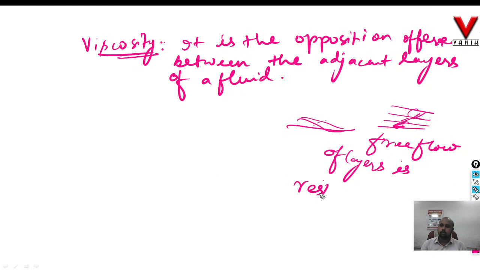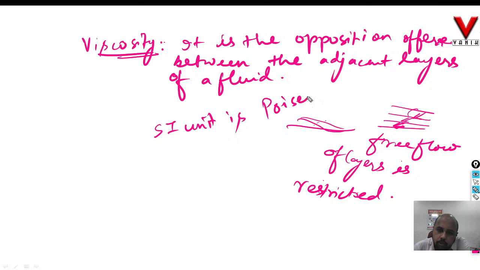This is nothing but known as your viscosity. And SI unit is Poiseuille. Hope it is clear to you all.